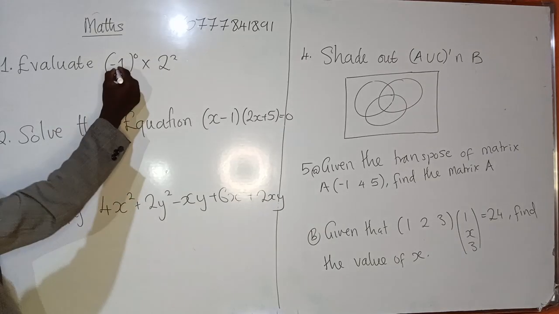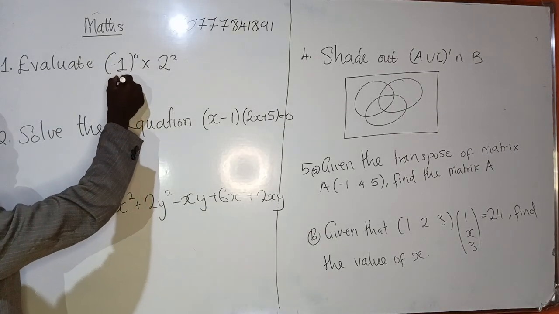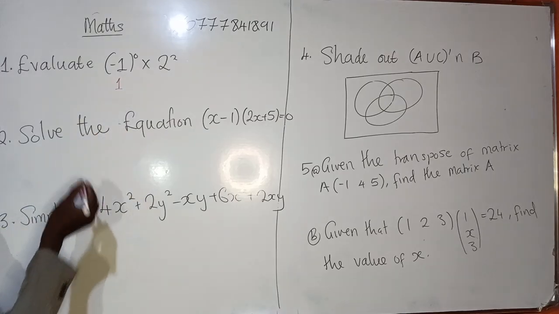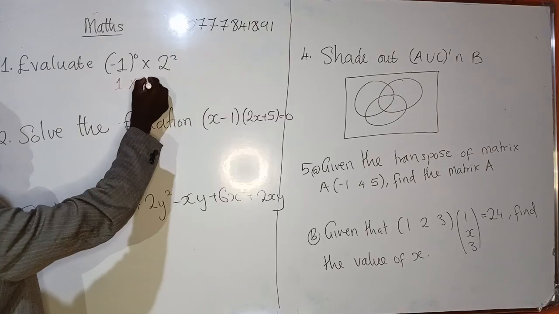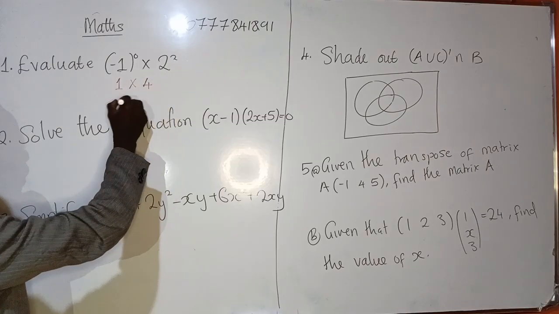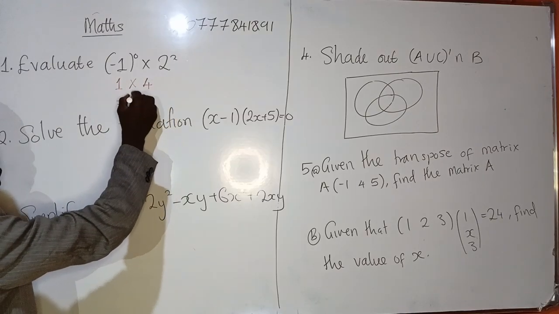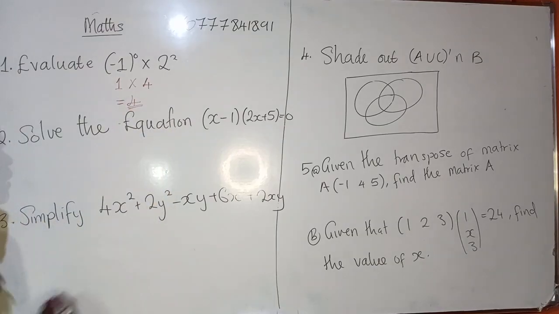So this one is just 1. Then this simply means 2 times 2, and the answer is 4. Once we multiply 1 times 4, the answer is just 4.